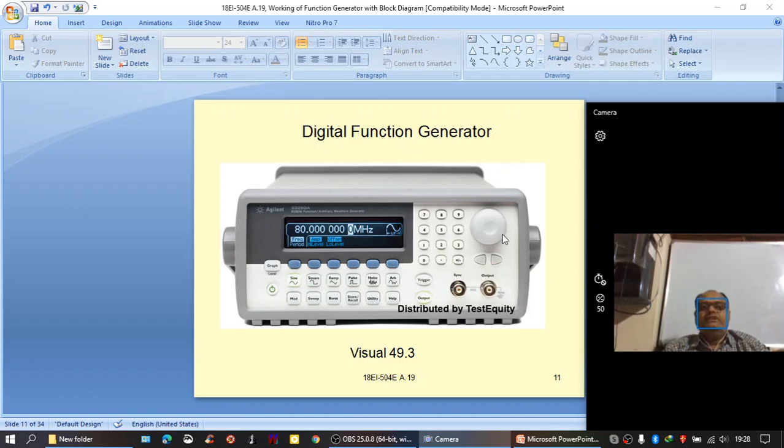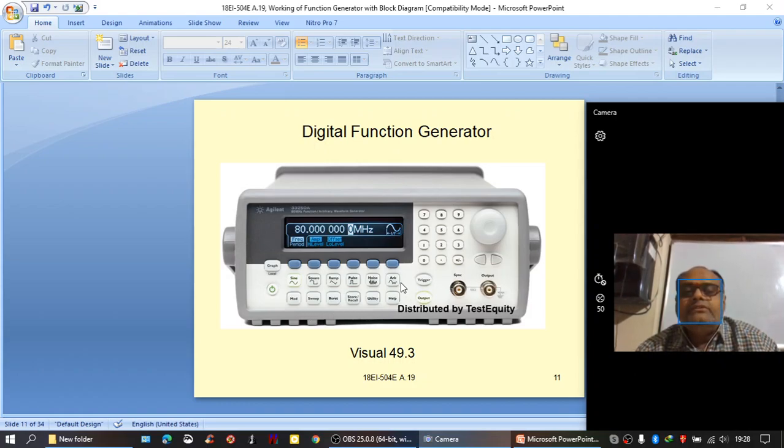Then the very high-end digital function generator. Here you can vary the frequency continuously, or you can input the frequency in terms of numbers, and amplitude can be adjusted, increased or decreased. And this is for trigger, and here is output, and power on, power off, and sine wave, triangular, square wave, pulse, and random noise also can be generated, and different other signals also can be generated.